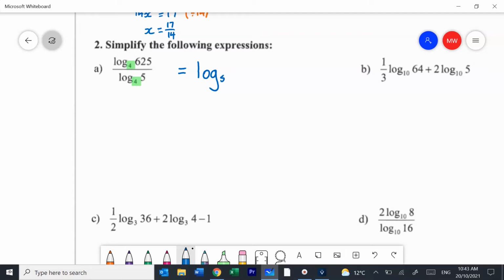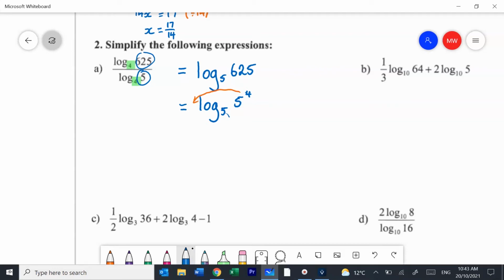base number 5, and that comes from this number here, 625, obviously from this number here. And then if we can do something to solve from here, we will. So what we'll do is we'll manipulate this, make this log 5 to the power of 4, and then if we use one of those log manipulations, we can then move that 4 out the front of this.